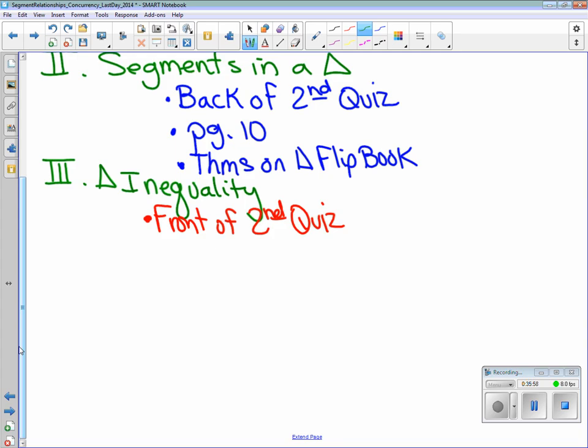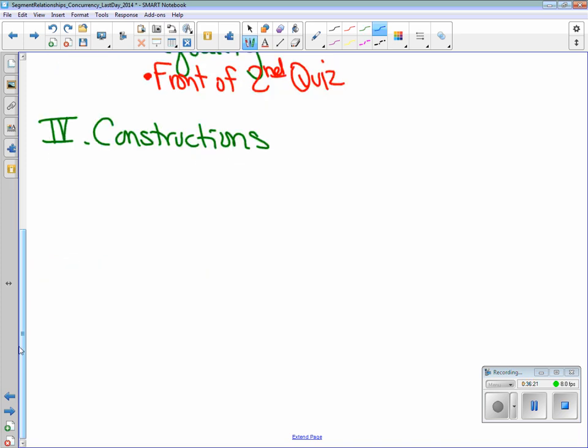Okay. So the last section is the construction section. We're going to need to be able to construct everything. So construct all 5 segments and inscribe an equilateral triangle. And I think that was it. You have to be able to construct an altitude. What is the point of concurrency for an altitude?